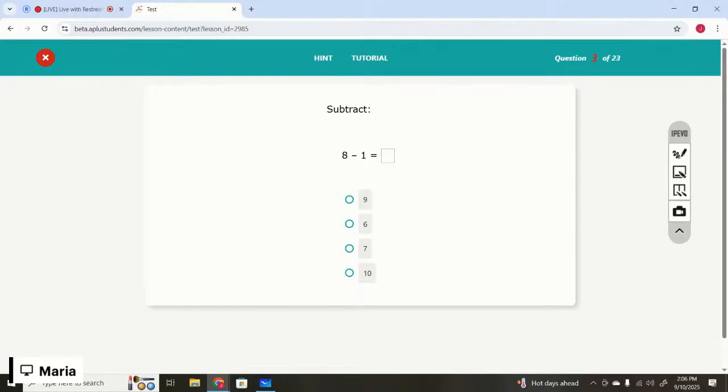Eight take away 1. Subtracting 1 means you go back by 1 digit. So 8 take away 1 is 7, right? You just go back by 1 digit. So 8 take away 1 is 7. 2 take away 1.